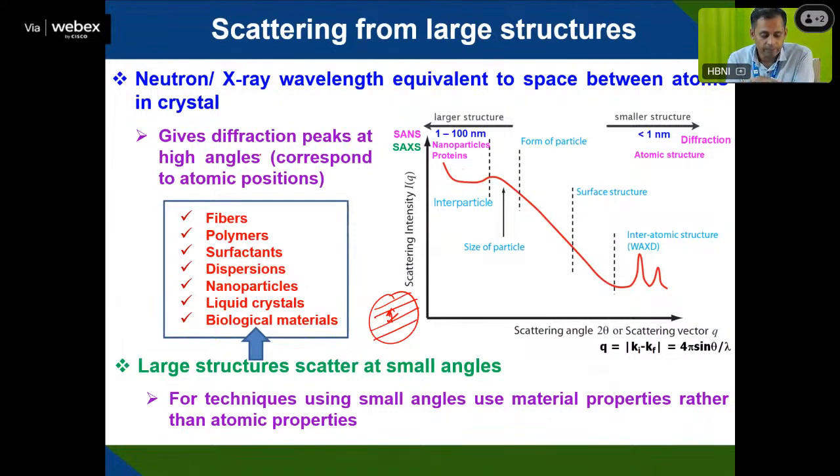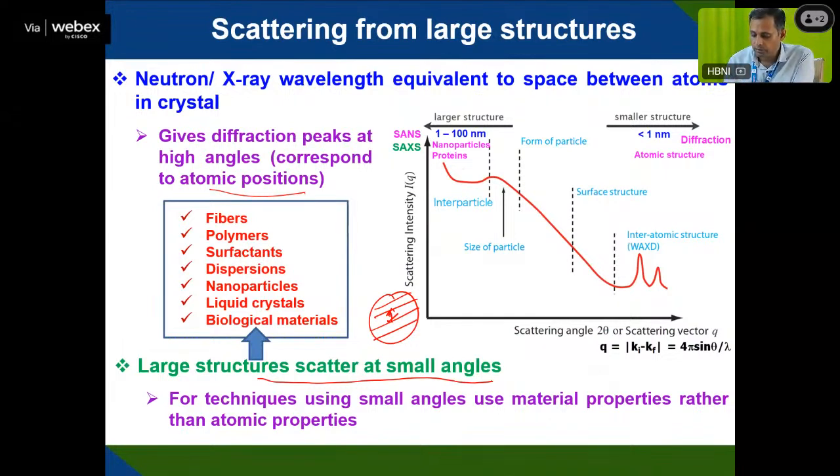The diffraction peaks at high angle correspond to atomic positions, as we discussed. But for large structures at small angle, we are able to see the big particles: fiber size, polymers, surfactants, dispersion information, nanoparticles, liquid crystals, biological materials, viruses, bacteria. All those sizes can be measured by using this small angle X-ray technique.